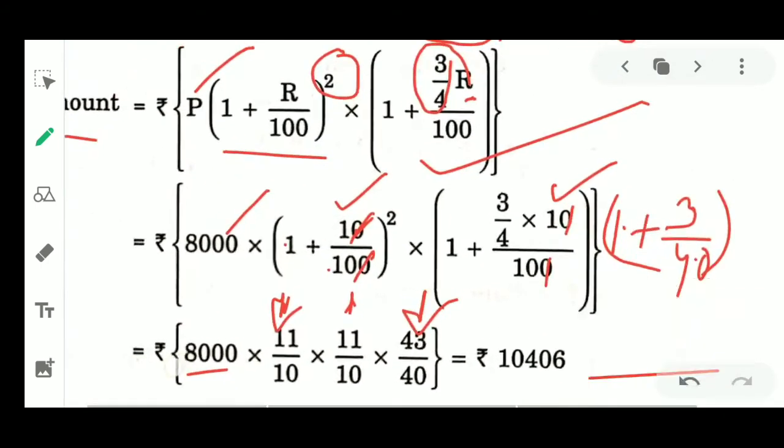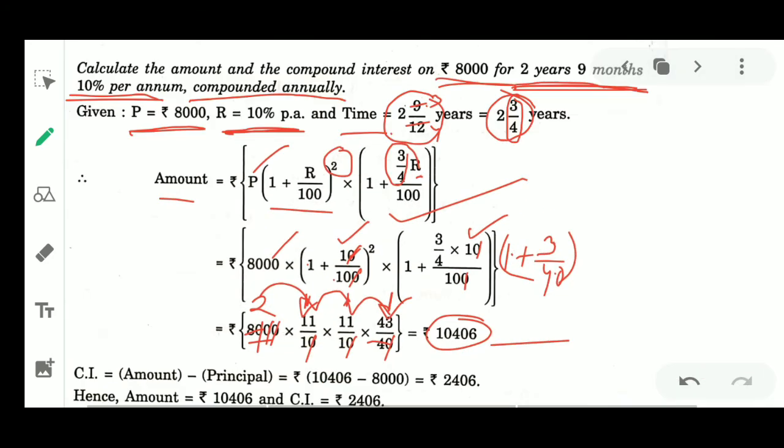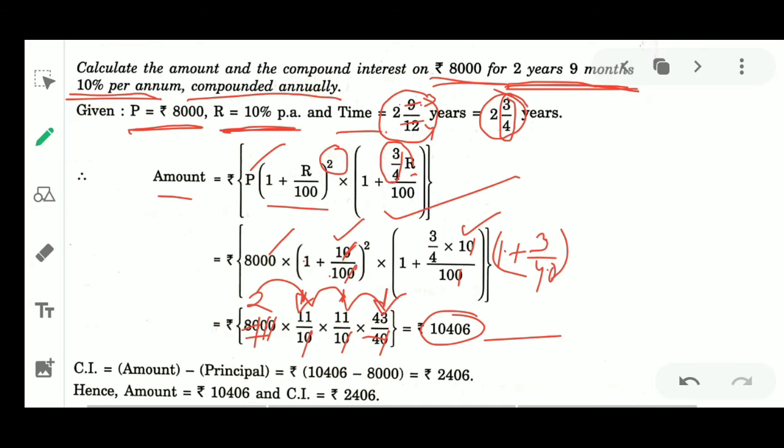So the zeros will be cancelled, again the zeros are also cancelled, and here the zeros will be cancelled. Now 8 divided by 4 will be 2. Now if you multiply 2 into 11 into 11 into 43, you will get 10,406. So this is the amount.